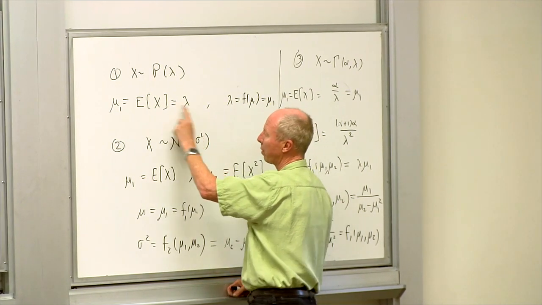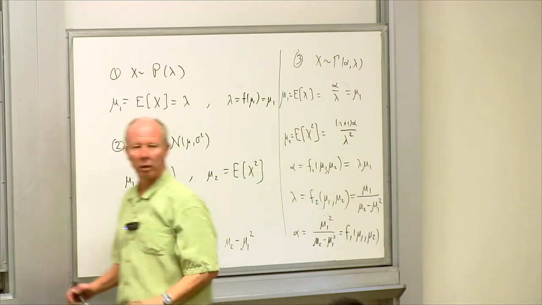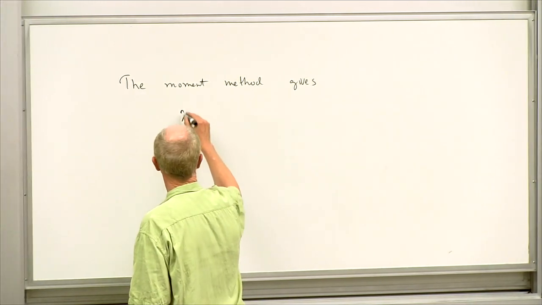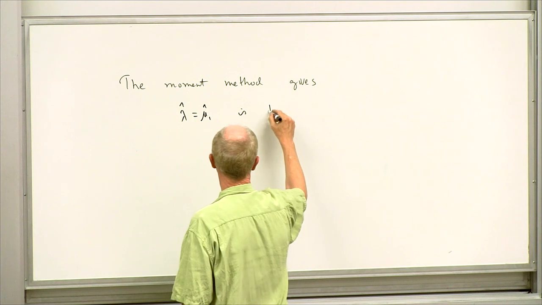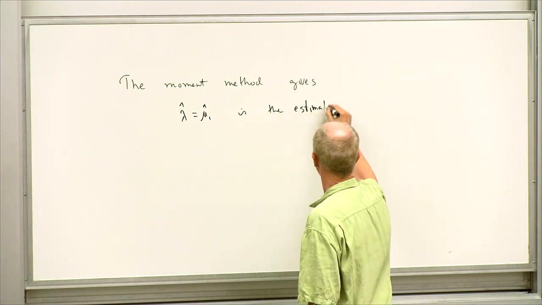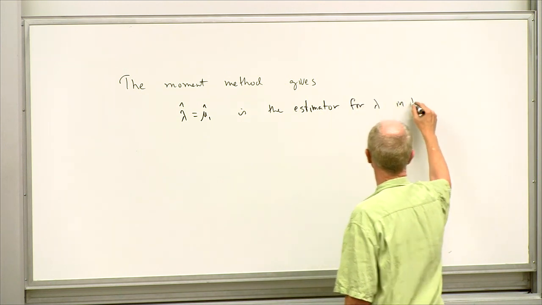So how do we express the parameter in terms of the first moment? It's just the first moment. So what would our estimator be for lambda? Lambda hat equals mu1 hat is the estimator for lambda in the case of Poisson.